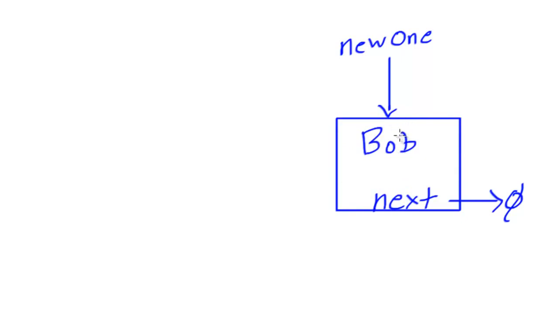And now we get to the point where we have to make some decisions. So we could be in the situation where our head pointer is pointing to null. So this is indicating that we have an empty linked list. And if that's the case, the situation is really easy. We just simply need to assign the address here, which is held by new one, to head. So we're just taking this value here and assigning it to head.